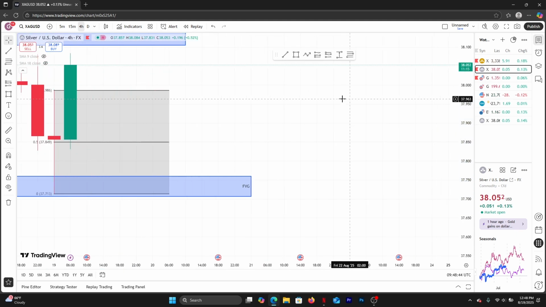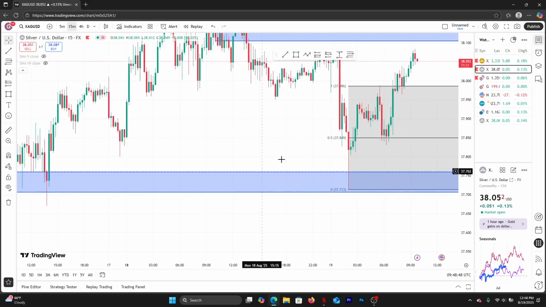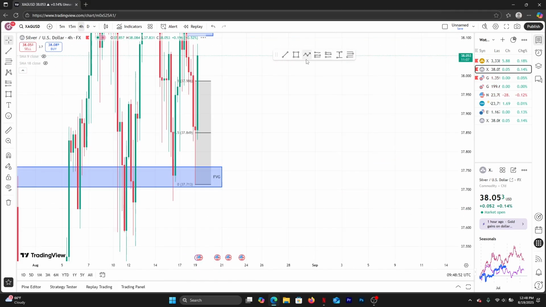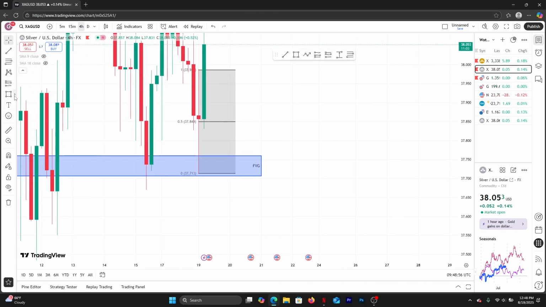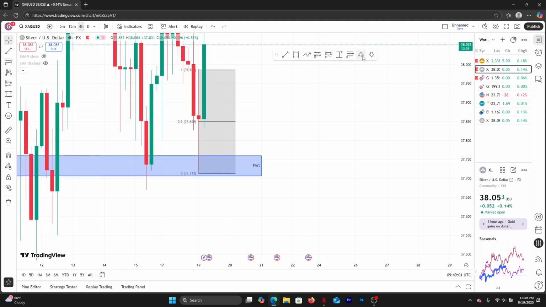So dropping to the lower time frame, we want to see what was happening in this area. First of all, let me just mark where we expect our entries to begin from. Expecting entries to begin from this point.